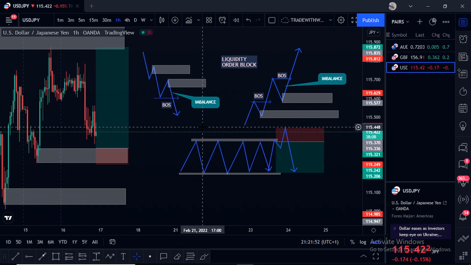These are the terms I use whenever I'm trading smart money concept. There's a lot of terms that people always use, like CHOCH, that's the change of character. Some people always use inefficiency. Some people always use RTO. There's a lot of terms, but in this forex market, all you need is just simplicity.